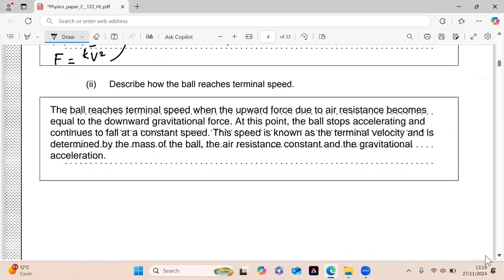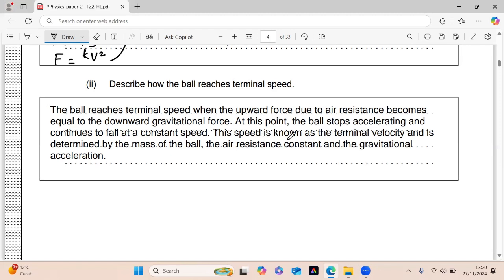Describe how the ball reaches the terminal speed. This is my explanation. The ball reaches terminal speed when the upward force due to the air resistance becomes equal to the downward gravitational force. At this point, the ball stops accelerating and continues to fall at a constant speed.